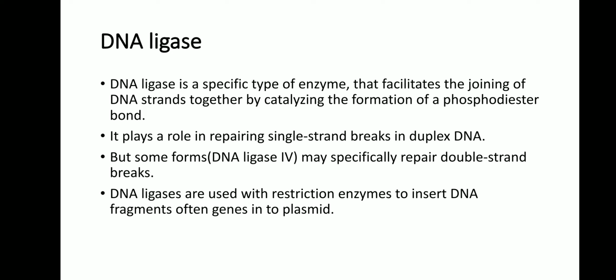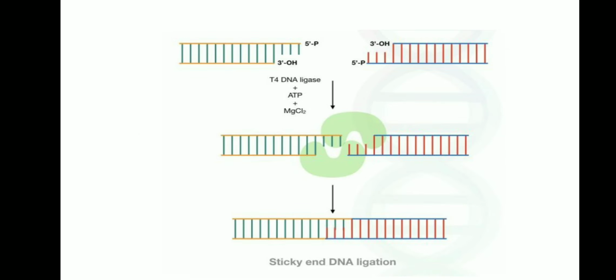Sealing the single stranded breaks of the DNA. Some DNA ligases also repair double stranded DNA breaks, like the DNA ligase 4 enzyme. When a restriction enzyme cuts the vector DNA and foreign DNA, DNA ligase helps in joining the vector DNA and foreign DNA.